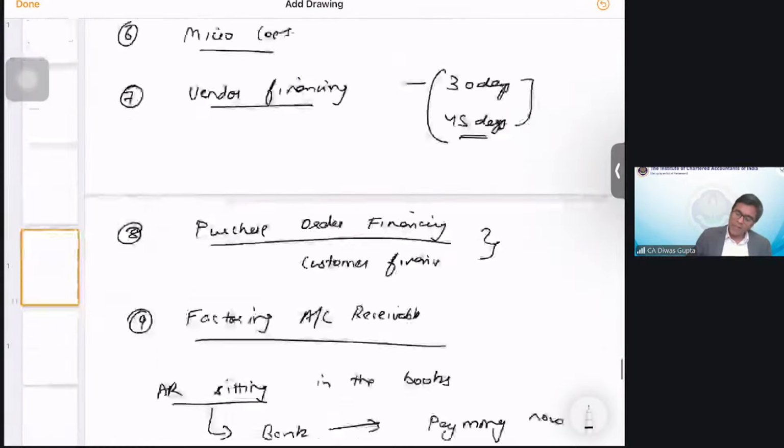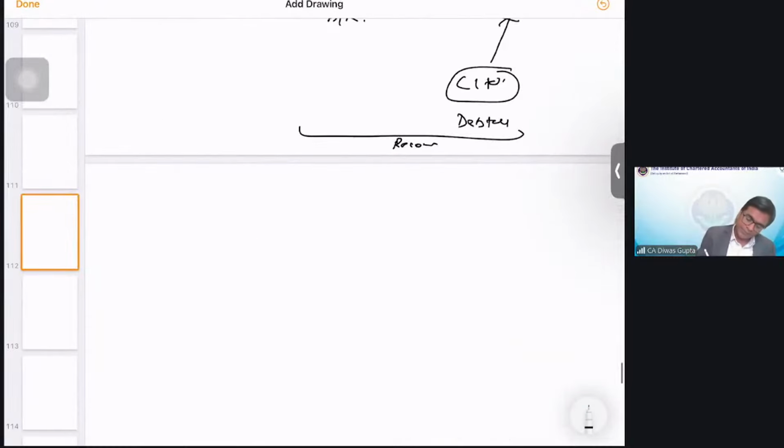Then comes the concept of unicorn. Any idea to whom we call a unicorn? I think the valuation is $1 billion. Yes, true.